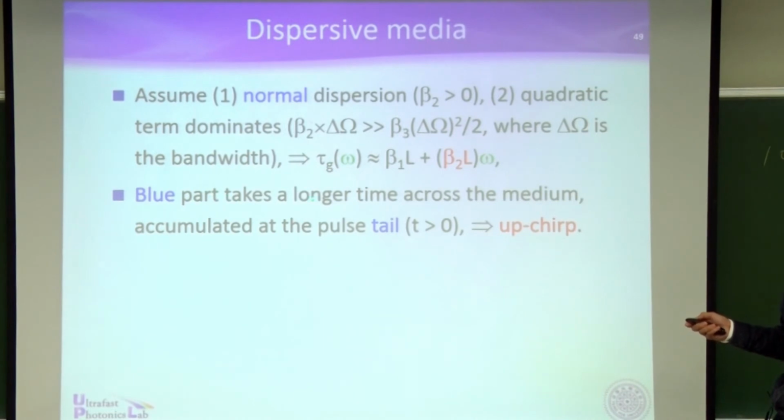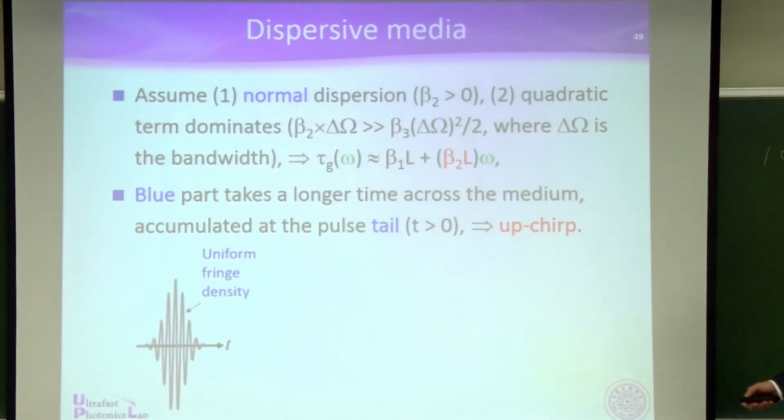Blue part takes a longer time across the medium, then accumulated at the pulse tail. So it is up chirp again, right? So just like this figure, initially we assume chirpless pulse with uniform fringe density in the time domain, electric field in the time domain.